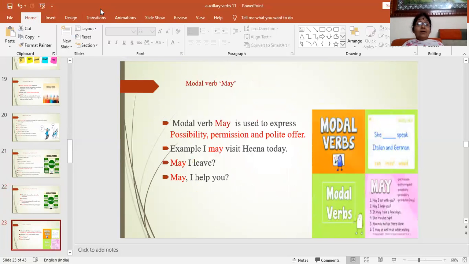Next is modal verb may. Modal verb may is used to express possibility, permission, and polite offer. Where do we use that? To express possibility, permission, and polite offer.